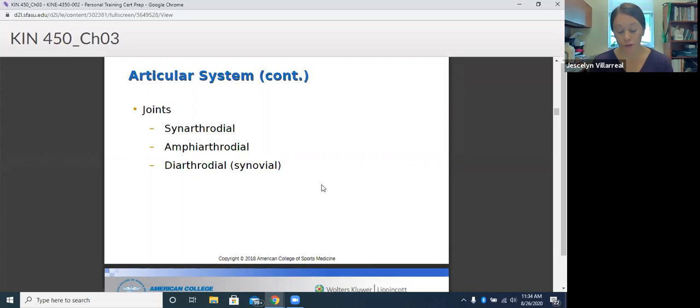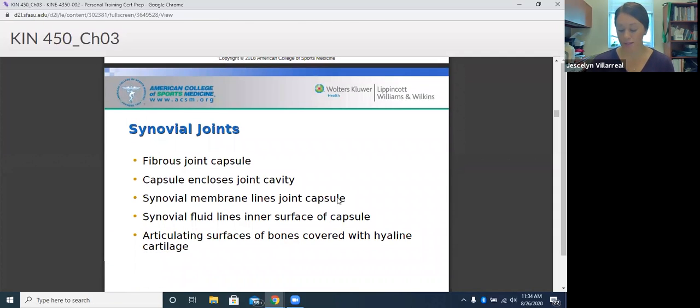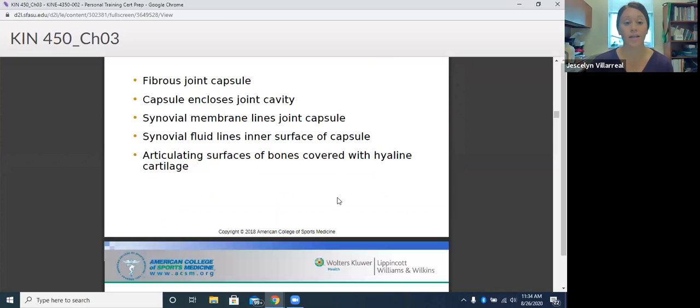Diarthrodial or synovial joints are the most common type of joint in the body. And we'll get into synovial joints. You can jump onto page 51 if needed, and you'll see that the synovial joints are enclosed by a fibrous joint capsule. That capsule encloses joint activity. And the synovial membrane is going to line the joint capsule, which allows synovial fluid to line the inner surface of the capsule.